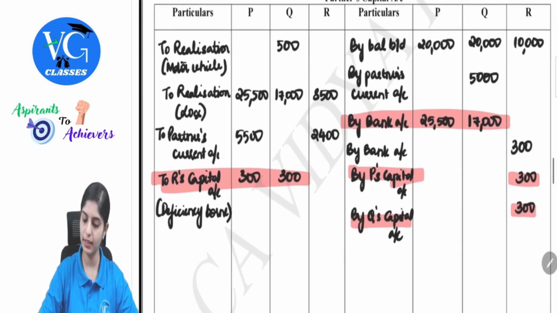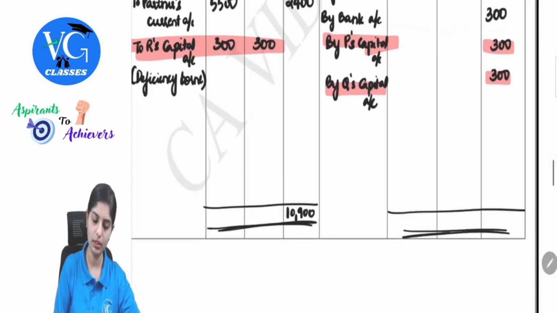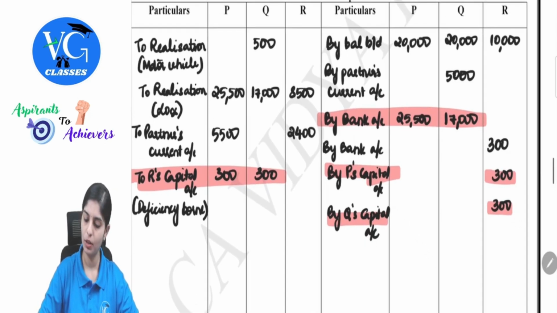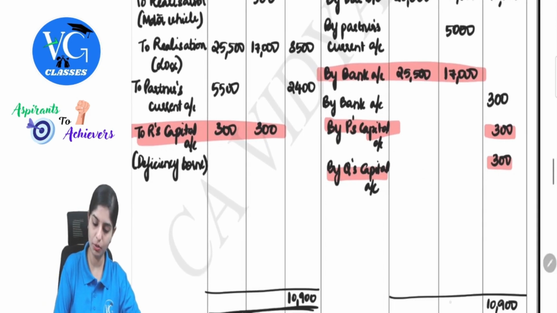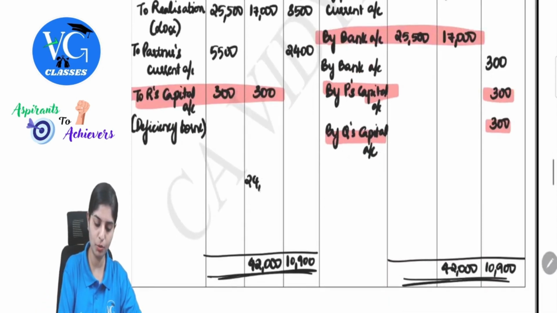Now we will close the ledger. For the insolvent partner, it will definitely get closed automatically because the solvent partners have brought in additional capital, and he was also able to realize the amount. See, 8,500 plus 2,400 is 10,900. This side also, if you see, it is 10,900. It gets closed automatically. So for Q, 20,000 plus 5,500 plus 17,000, 42,000, minus 500, minus 17, minus 300, so 24,200.